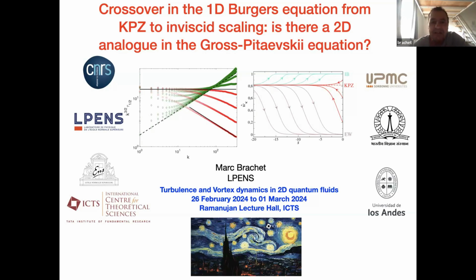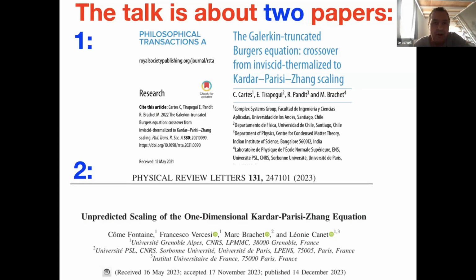So the title is indeed very long, and let me explain why. Because in this talk, I will do, in fact, two things. First, I will recall the results of two relatively recent papers, one from 2022, which is number one on this slide, and then a more recent PRL, 2023, and they are both about the Galerkin truncated Burger's equation in 1D.